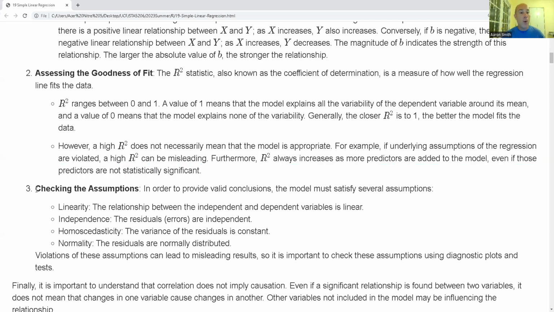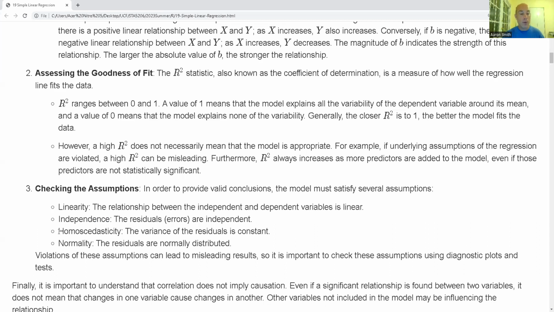Now, next I'm going to check my assumptions. And so in order for my conclusions to be valid, these assumptions must be correct for the real situation I'm modeling. First one is linearity. This is just saying the relationship between the variables is that linear equation that we had previously. That's just saying that I have the right equation to be fitting. Next one is independence. And so here, the residuals, the errors are independent of each other.